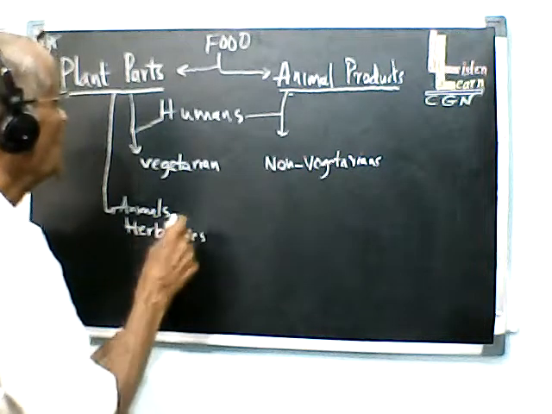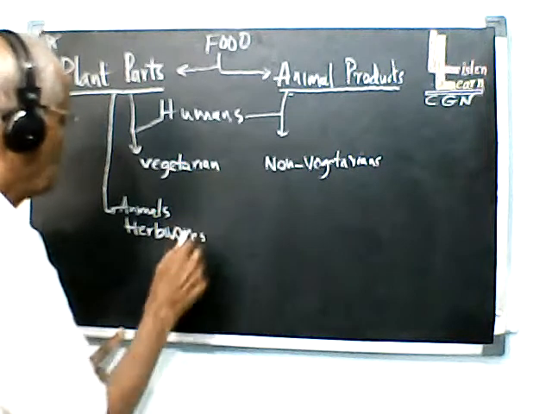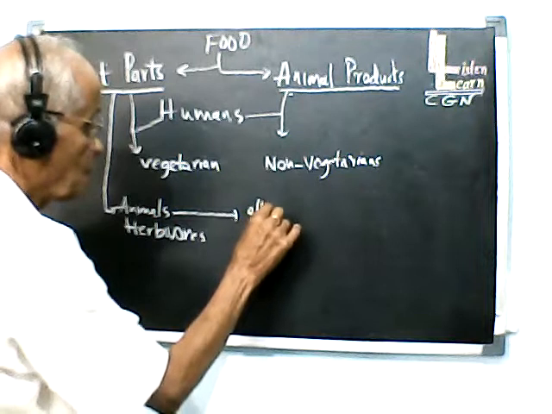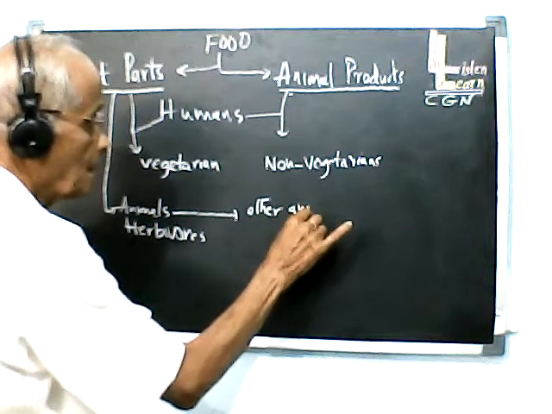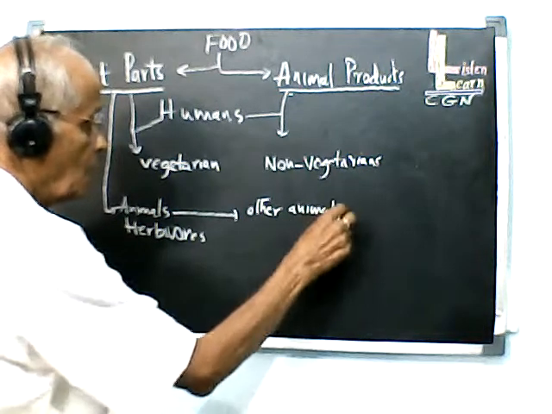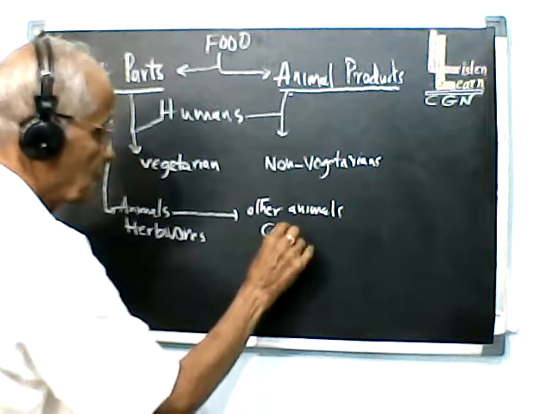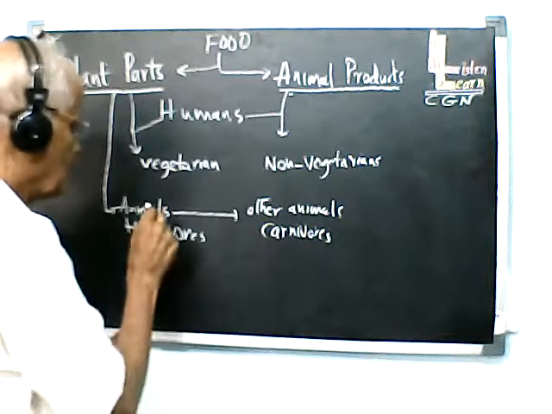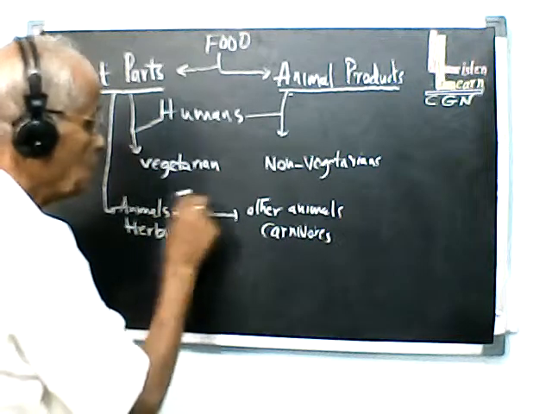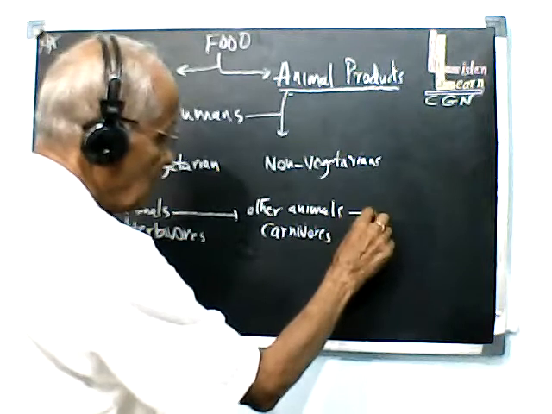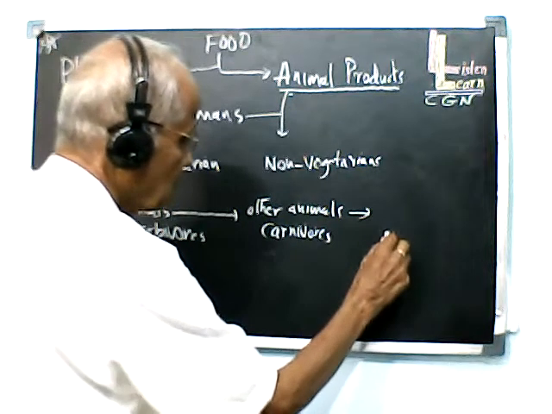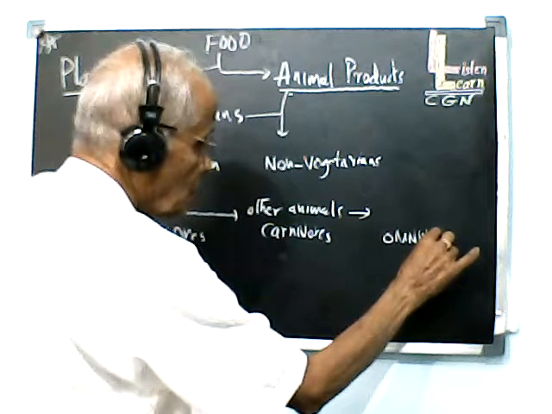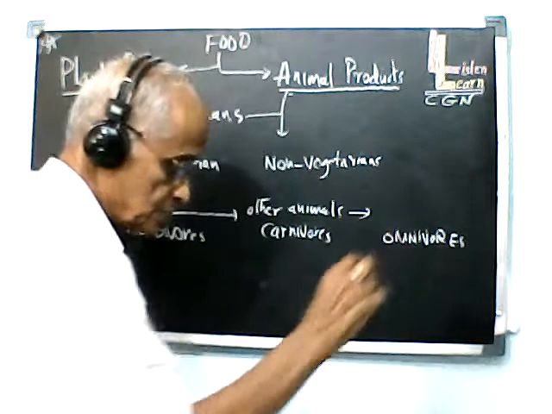And animals which eat other animals are called carnivores. Sometimes some animals may eat both plant and animal material, then they are called omnivores. So this is what we studied yesterday.